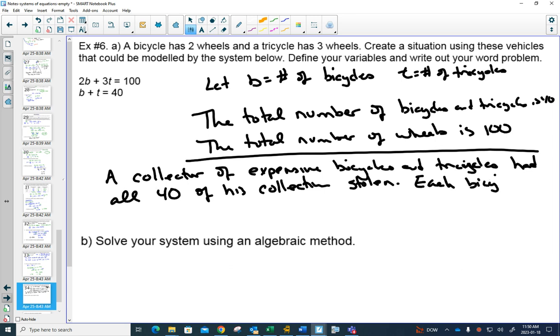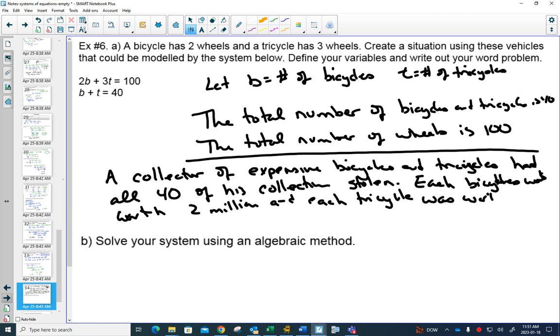Each bicycle was worth $2 million, and each tricycle, this is me being creative, was worth $3 million.